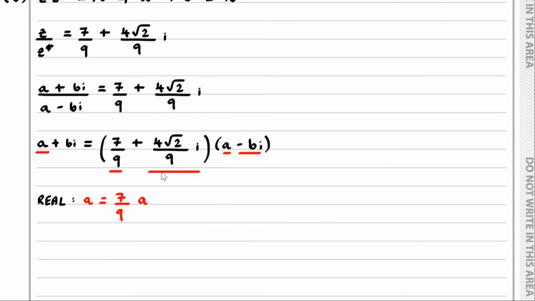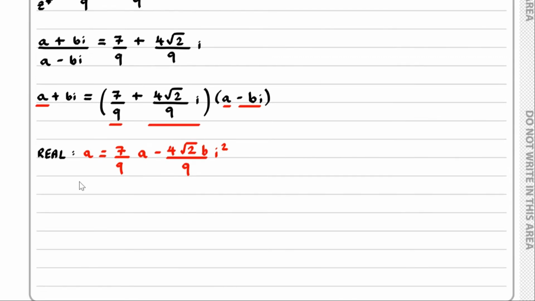So I have, if I multiply those together, minus 4 root 2 b over 9 i squared.